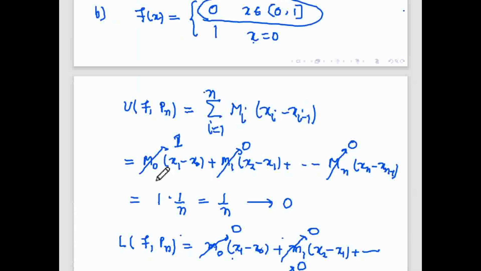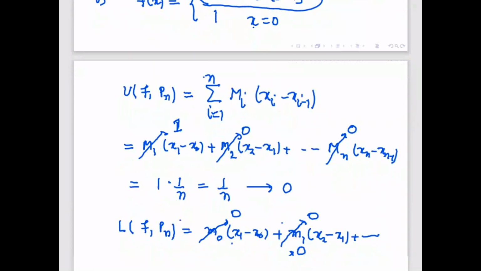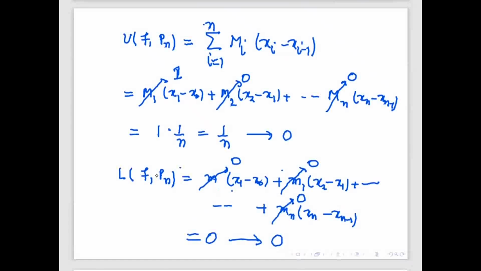Because Mi times (xi minus xi minus 1). So this is wrong. Yes, this is 1, this is 2. M1 is 1. So here also the same thing. I wrote the wrong index. M1 and this is M2. Now is it okay?